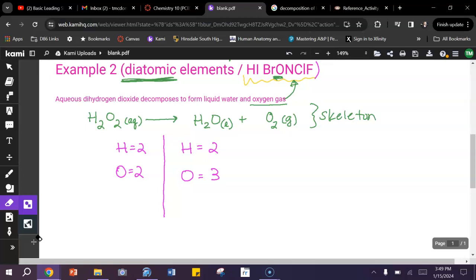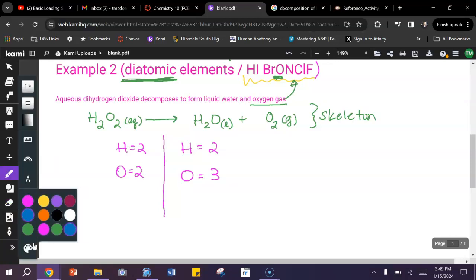And I know that some of you might be tempted to start adding coefficients to our oxygen molecule because it kind of stands alone. But the thing is that no matter what number you put in front of the oxygen, because you have a single oxygen atom in water, you're always going to end up with an odd number.